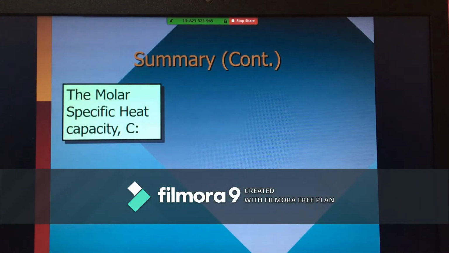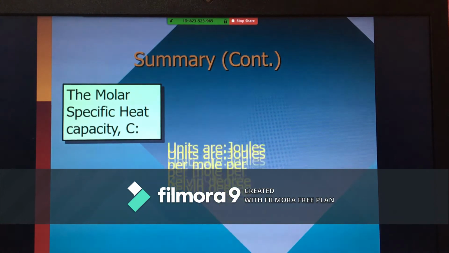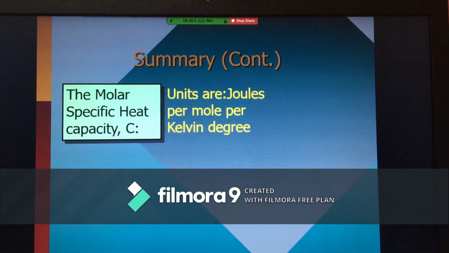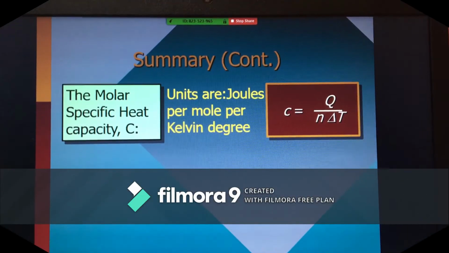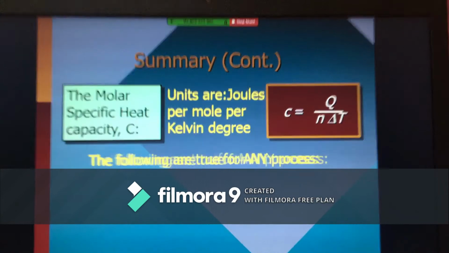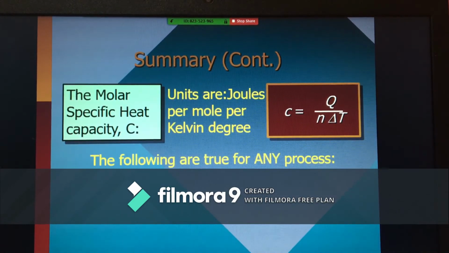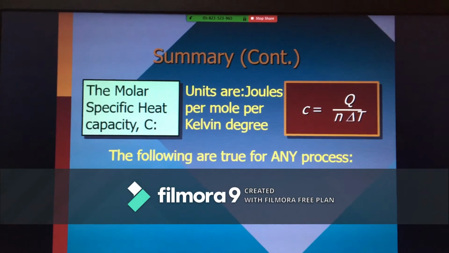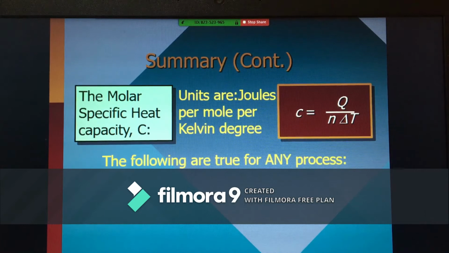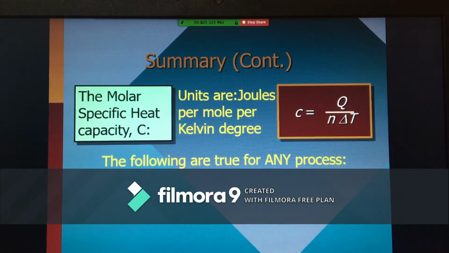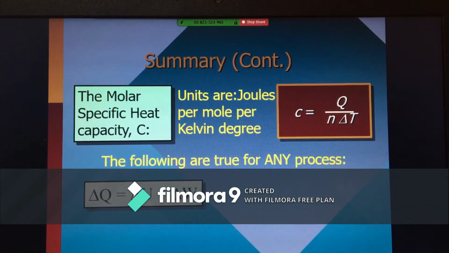Okay? So for molar specific heat capacity, C, the units are joules per mole per Kelvin degree. That is given in this formula. Okay? Sorry, the following are true for any process. So delta Q equals delta U plus delta W. So this can be applied. There are four processes, class.